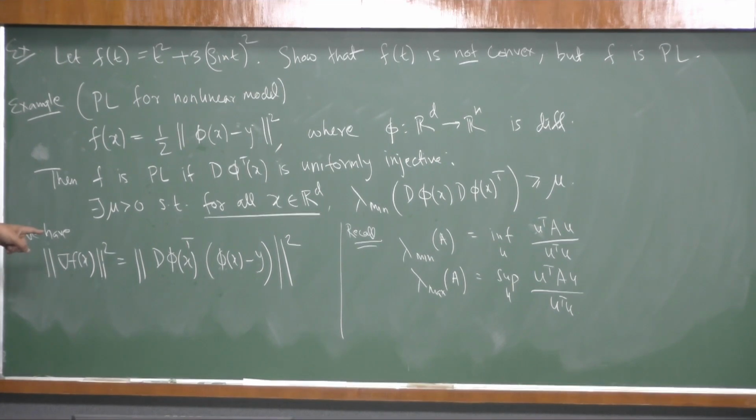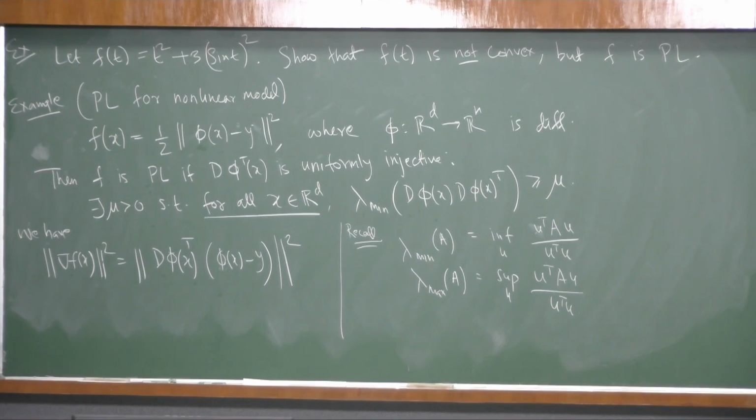If you do that, then you get something like that, where your u will be chosen as phi x minus y, and u transpose u will be the norm of phi x minus y squared.